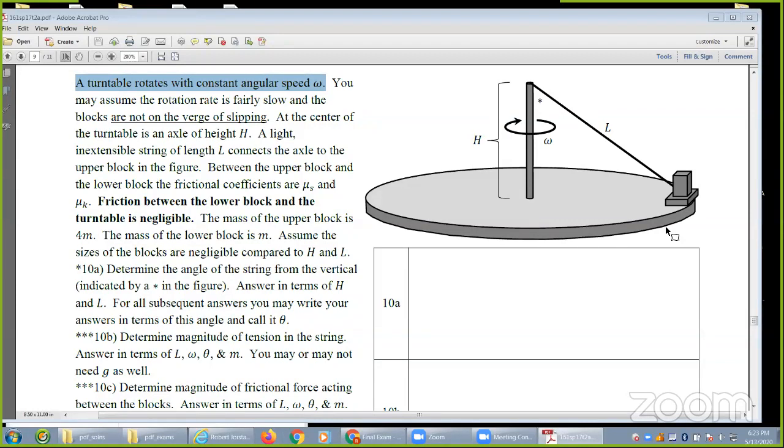That's right. You can use a system FBD. Friction would be internal. The blocks do move, Phil, but they don't move relative to their position. Yes, exactly. Good.